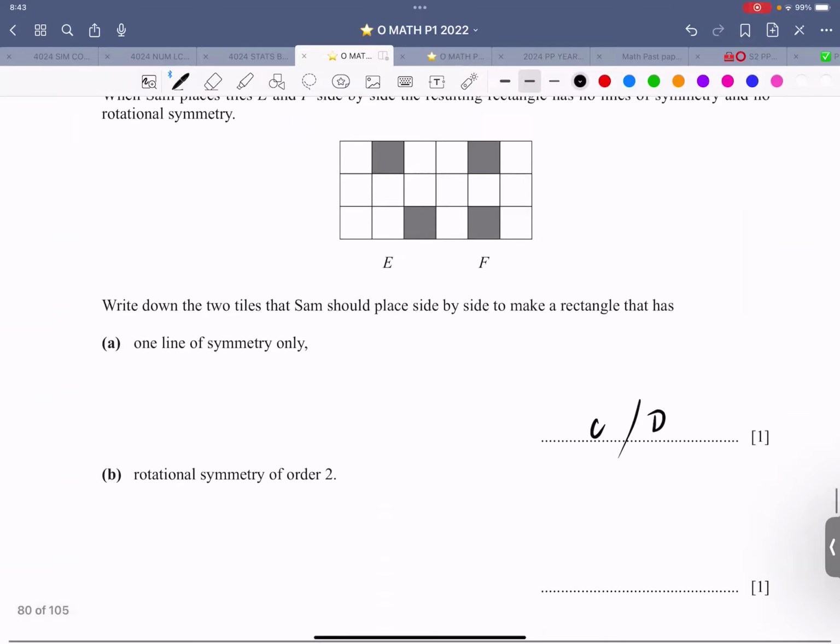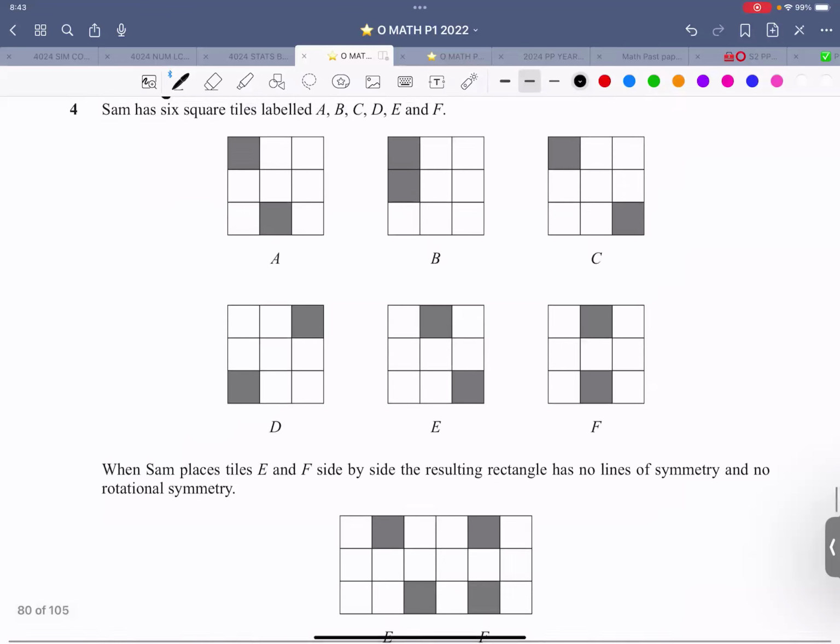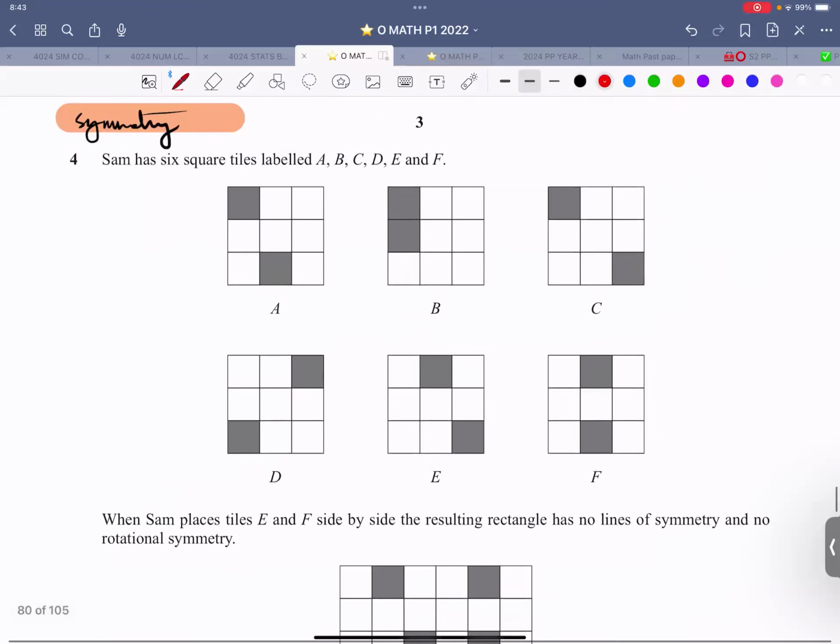Rotational symmetry of order 2. Now I want to rotate it in such a way that this is, let's say, top left, and this is middle center.